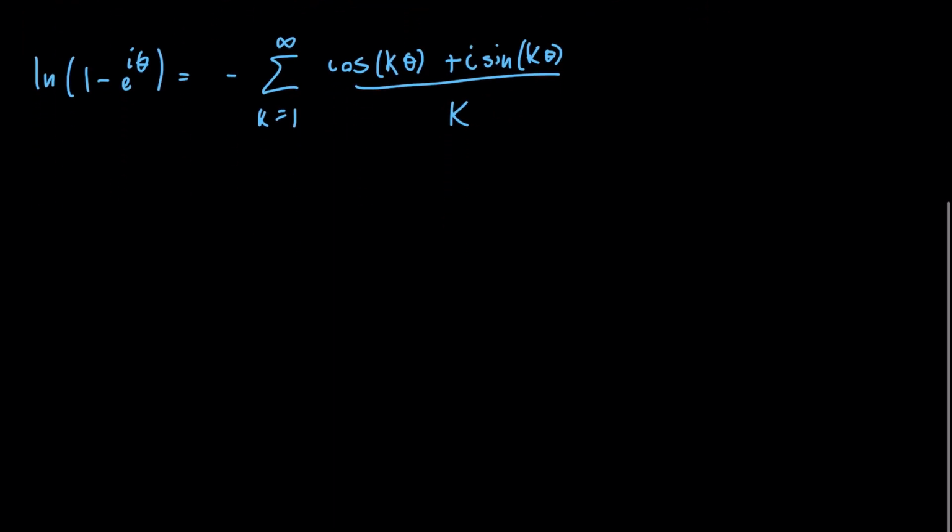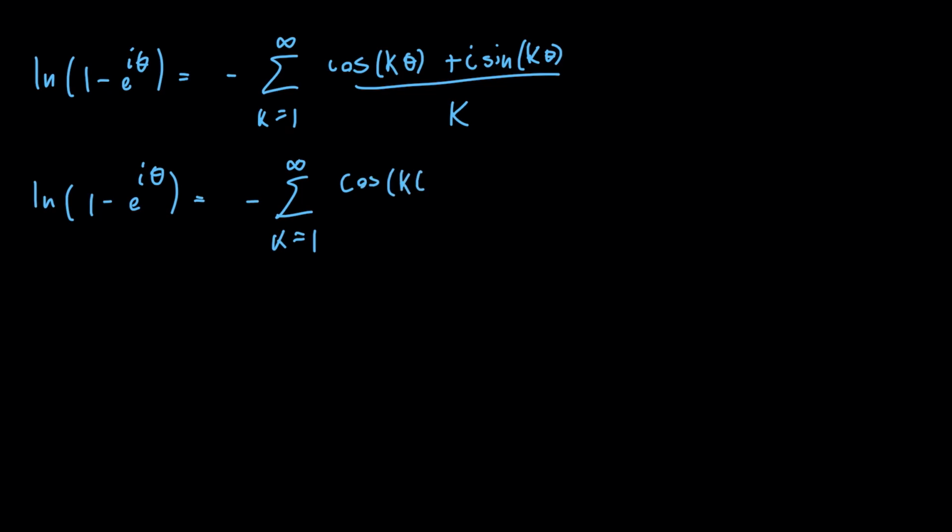But we could split this up into natural log of 1 minus e to the i theta equals negative the sum from 1 to infinity cosine of k theta divided by k, and minus i times the sum from 1 to infinity of the sine of k theta divided by k.